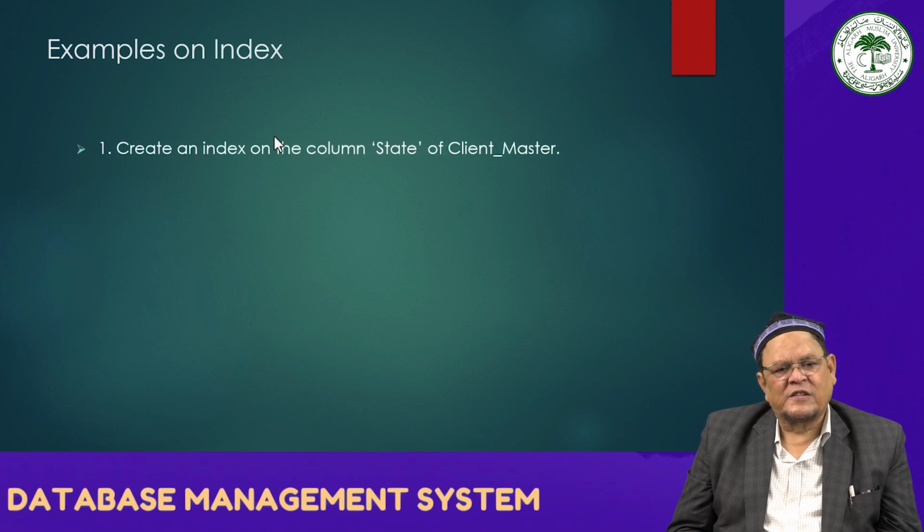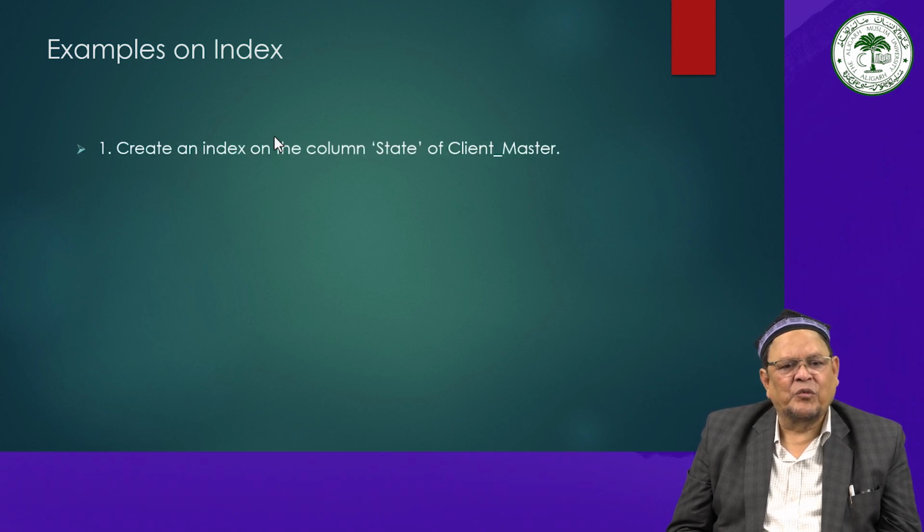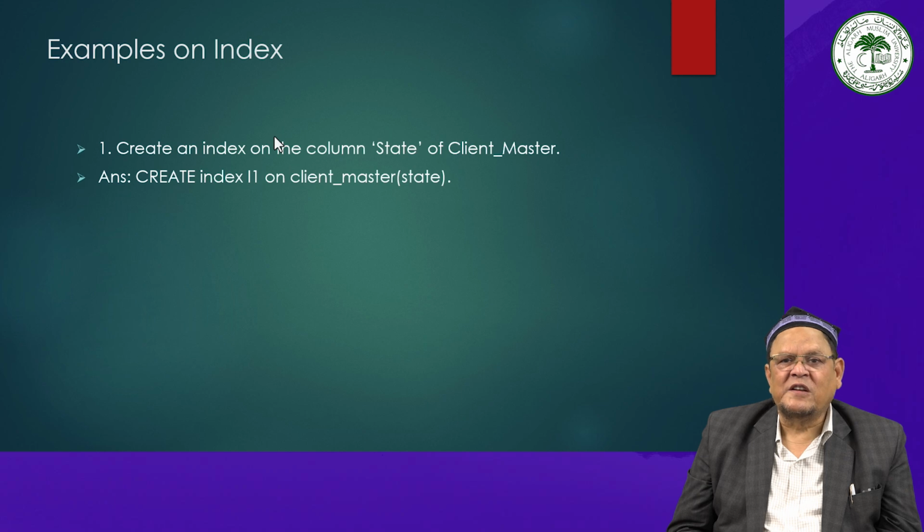Examples on index. I'm taking some examples. Suppose: create an index on the column state of client master. The answer is CREATE INDEX on the client master, and within parentheses you write state.